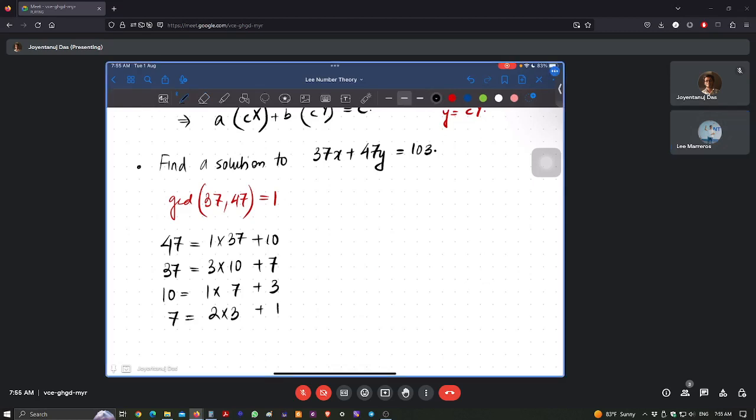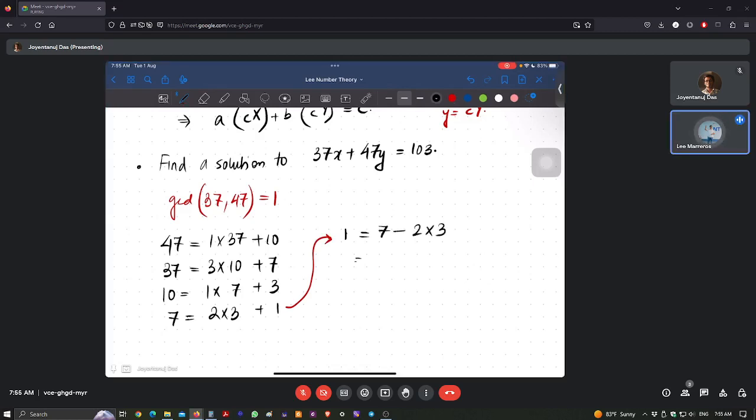Right, so we got 1. Now trace back. 1 equals 7 minus 2 times 3. 3 equals 10 minus 7, so that would be 3 times 7 minus 2 times 10.